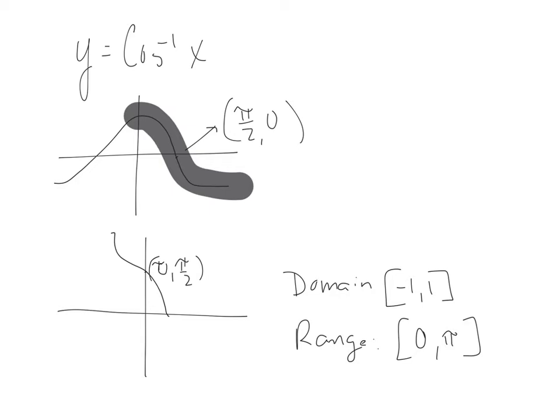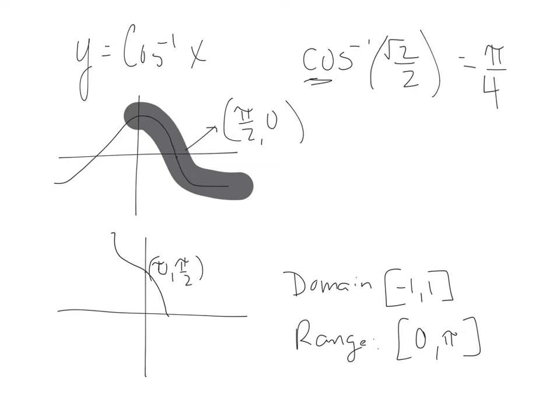So this is not the same as sine graphs because the range goes all the way to pi. So if a question said the inverse cosine, and this should be capital, inverse cosine of root 2 over 2, same thing, it's still going to be pi over 4.